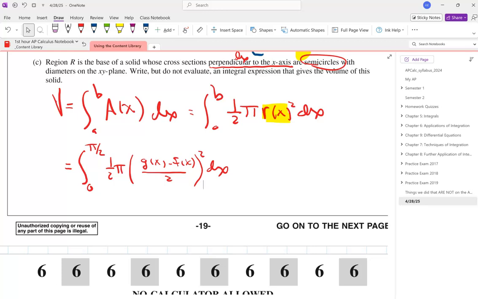They are an integral of the area function. You just have to write an expression for the area function in terms of a single variable. And then in this case, where you don't have to evaluate, all you've got to do is write it in and fill it in. Notice that I didn't bother to write what f of x and g of x was.